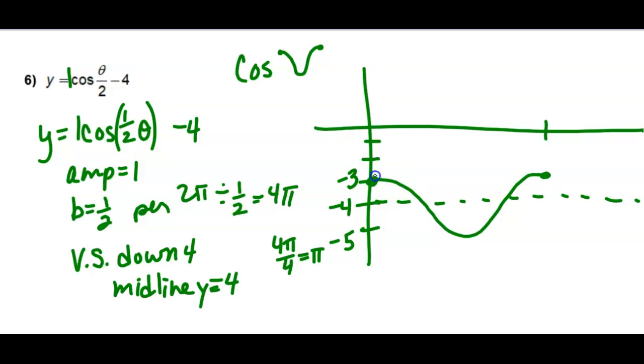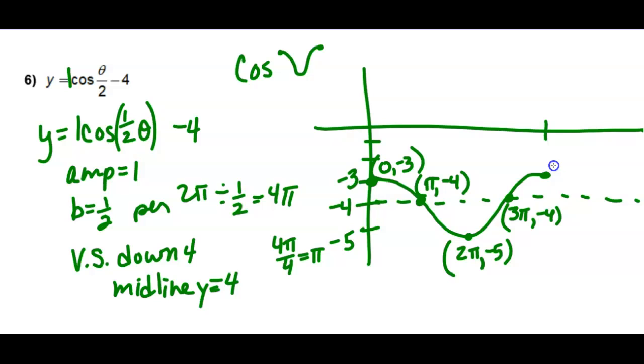So this is 0, -3, and then a quarter of the graph later would be pi, and it's down to -4, and another pi would be 2 pi, and it's down to -5, another pi would be 3 pi, and it's down to -4, and then 4 pi, which was the period, is where it finishes, and it's back at the max, which was -3. So you could put pi, 2 pi, 3 pi, and 4 pi if you wanted up there.